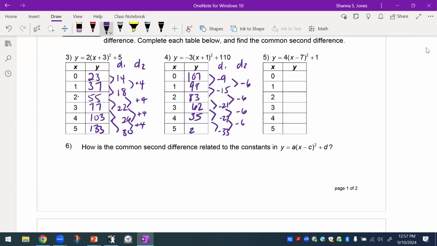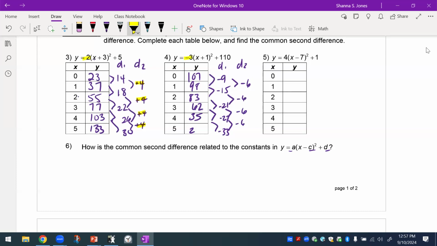All right. The conclusion here. Did anyone notice anything between our A, our C, and our D from our second difference? No one made a conclusion? What's the relation between 2 and 4?